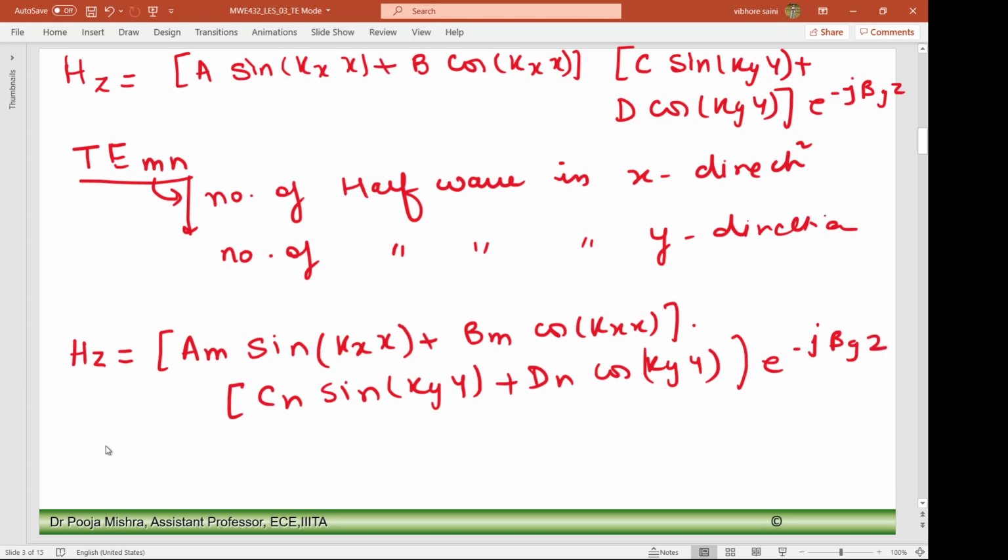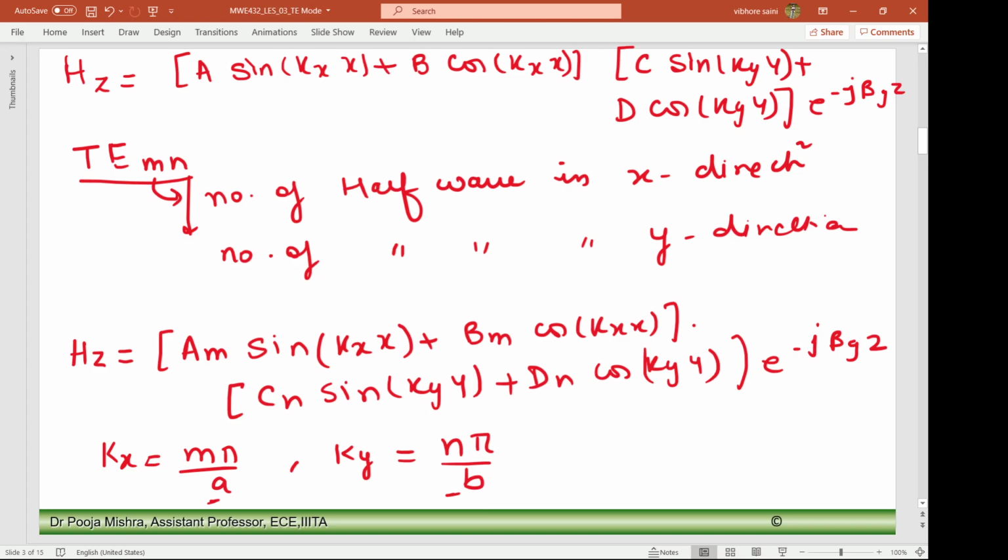Now let's assume kx is equal to m pi by a and ky is equal to n pi by b, where a is the dimension along x-axis and b is the dimension along y-axis.